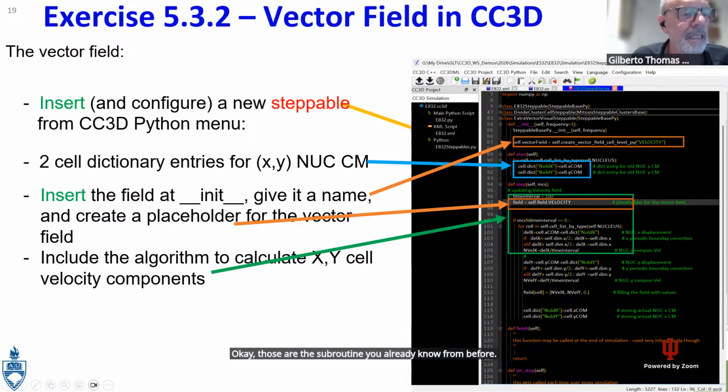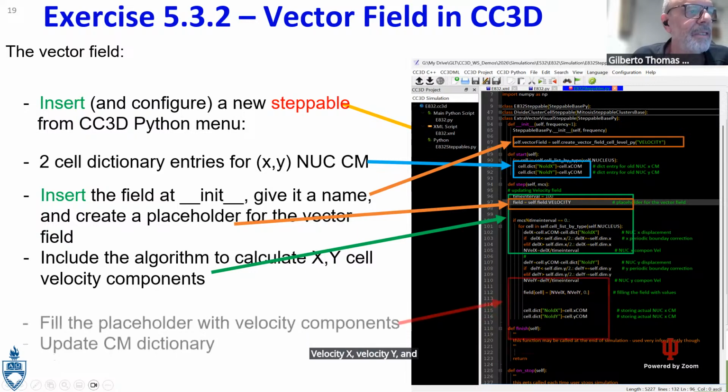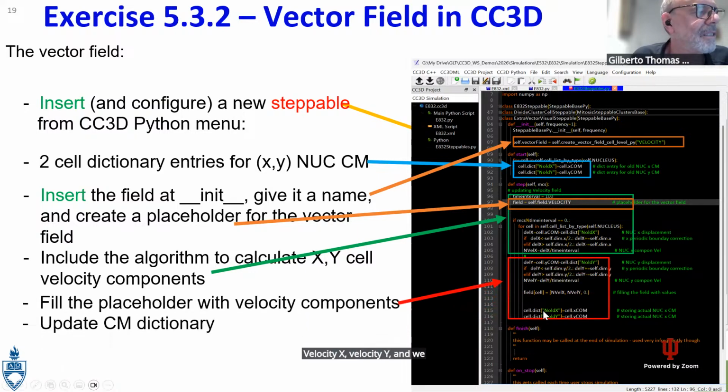And we calculate the cell velocity this way, velocity x, velocity y, and we fill here. See, my boxes are wrong here, sorry. We fill the field with components.